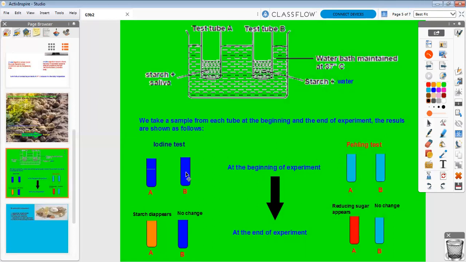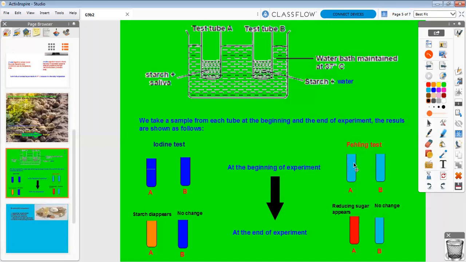For tube B, the iodine test gives dark blue color at the beginning and at the end of the experiment, indicating the presence of starch in tube B at the beginning and at the end of the experiment. For Fehling test, tubes A and B undergo Fehling test.